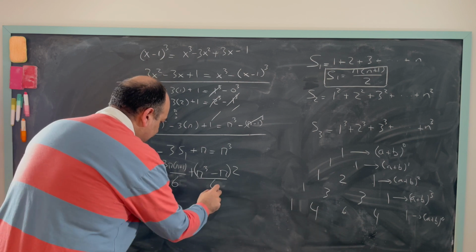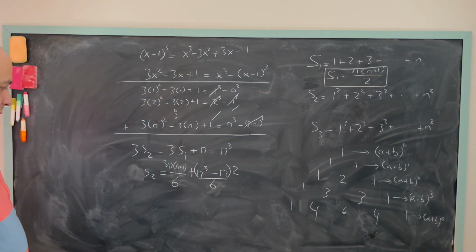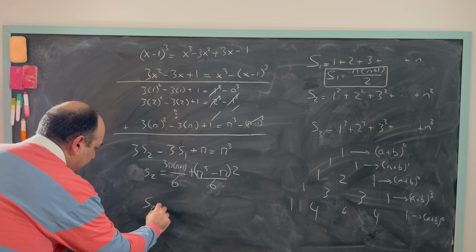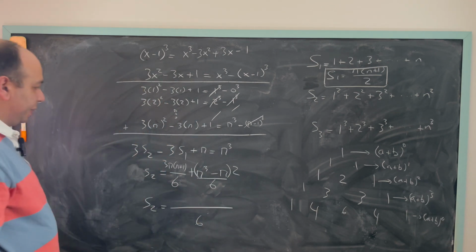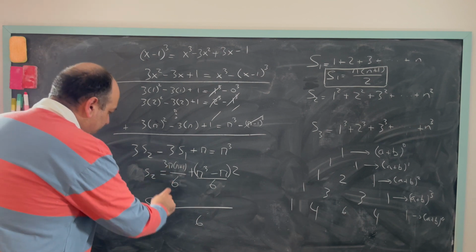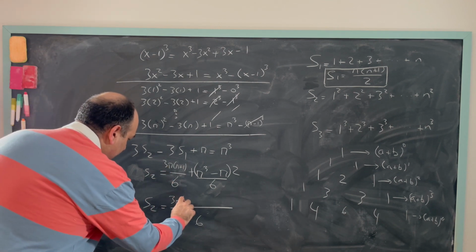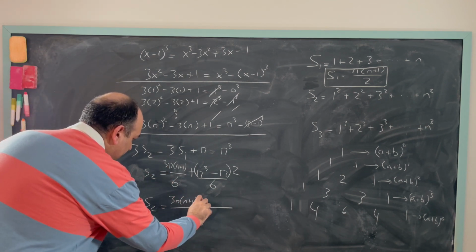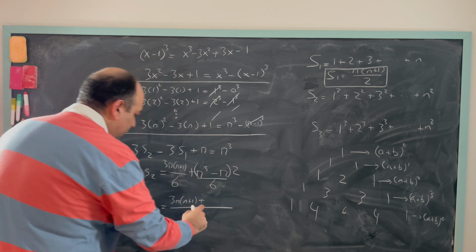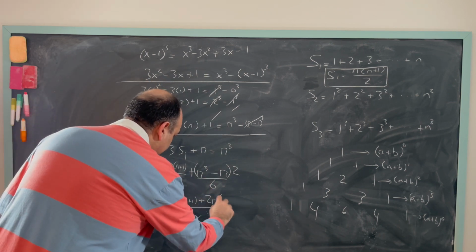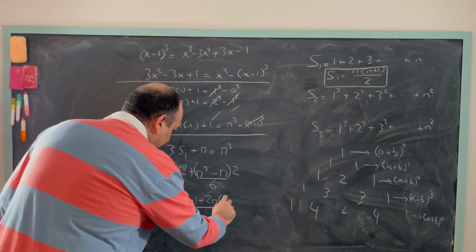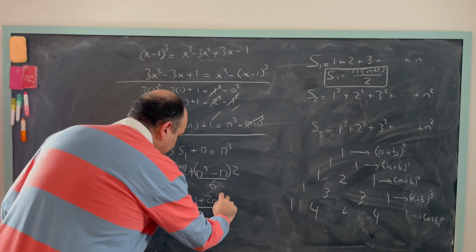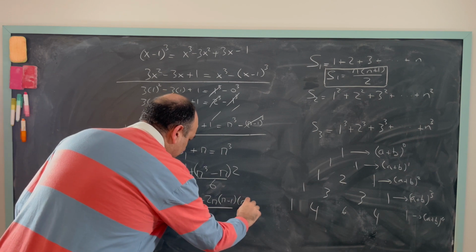And this is going to be 6 here. Okay, so s2 is going to be equal to, so we have a common denominator. So there is 3n times n plus 1 plus, I can put it in the n parentheses, so 2n, so this is n squared minus 1, but it is n minus 1 times n plus 1.